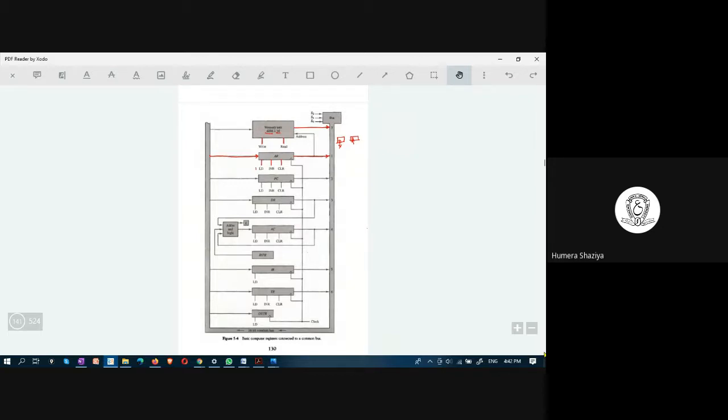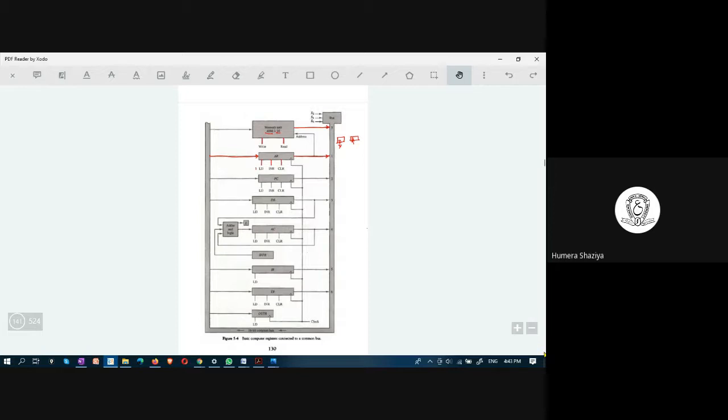Here, you have this bus connected to all the registers except the output register. Bus will get the input from 7 registers and 1 memory. This is input to the bus.